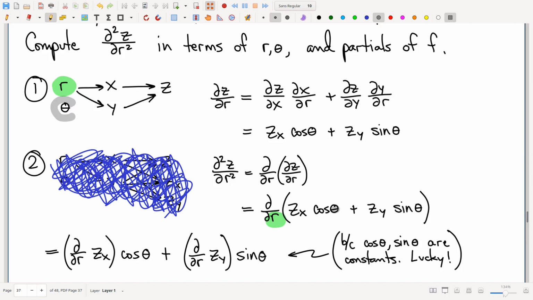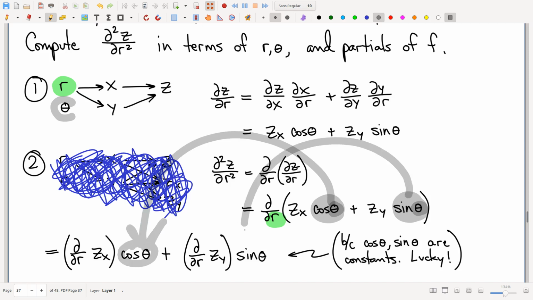Well, if theta is constant, that means cosine theta is a constant, and likewise sine theta is a constant. So keeping in mind that for our purposes, as I take this r partial, sine theta and cosine theta are just constants, I can very nicely factor out those constants like I've done here. And that was a lucky break. That part of our expression just happened to be a constant.